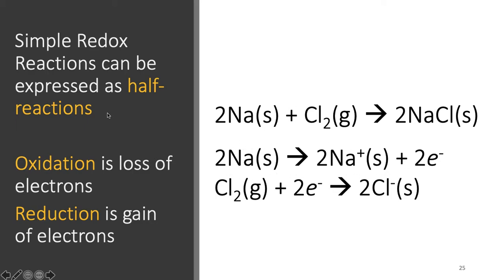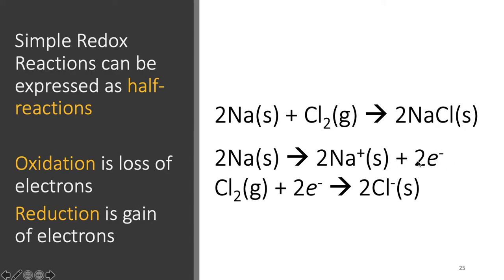We can express these as half reactions. Reactions that deal only with one element at a time, one change in oxidation at a time. Therefore, I can take sodium from metal with a charge of 0, and it yields sodium ion as a product here, as a +1. Now, because I have two sodiums, I transfer 2 electrons.